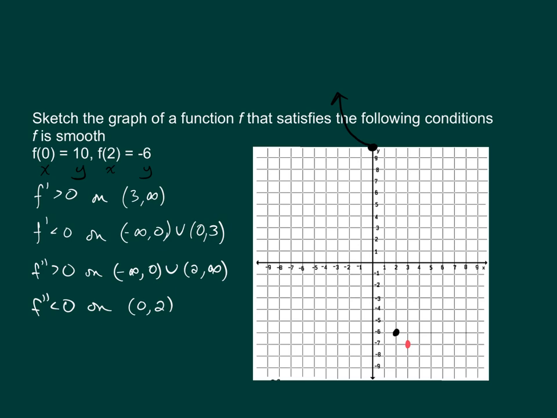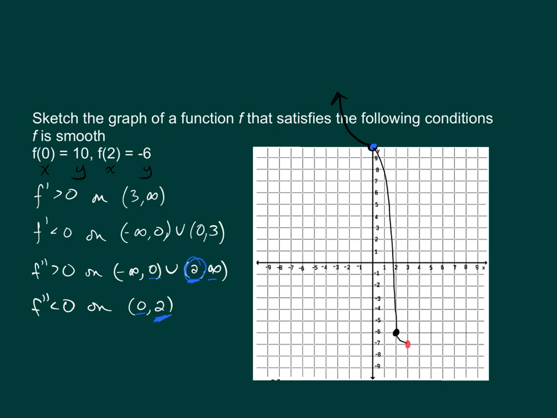The concavity does change at x equals 0, so I'm going to mark a little blue. You can see it goes from up to down at 0. Continuing the graph, I have to make sure this next part looks relatively concave down. Then at 2, the graph starts being concave up again, so it needs to start looking like it's opening upward.